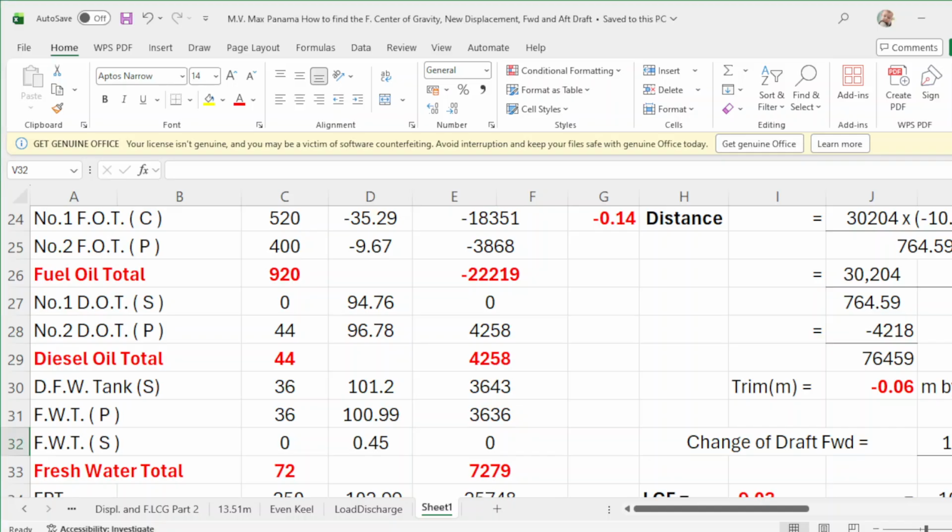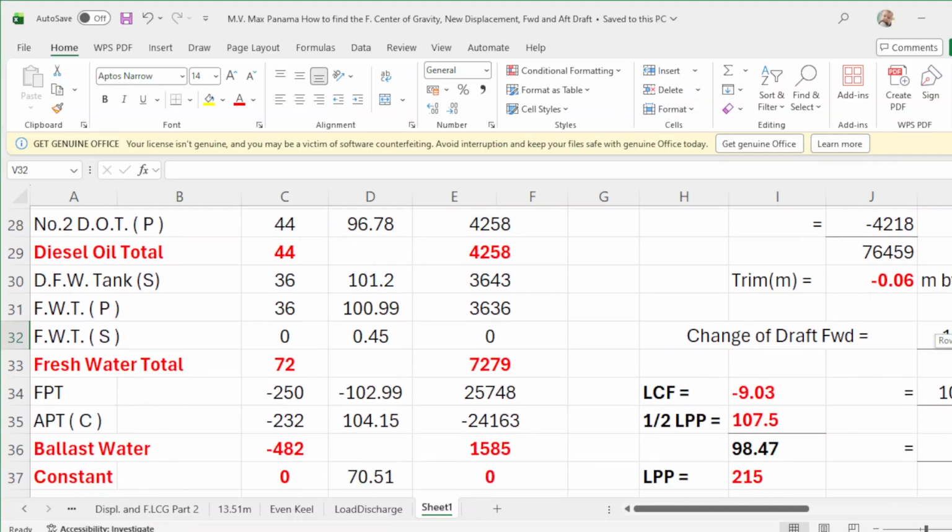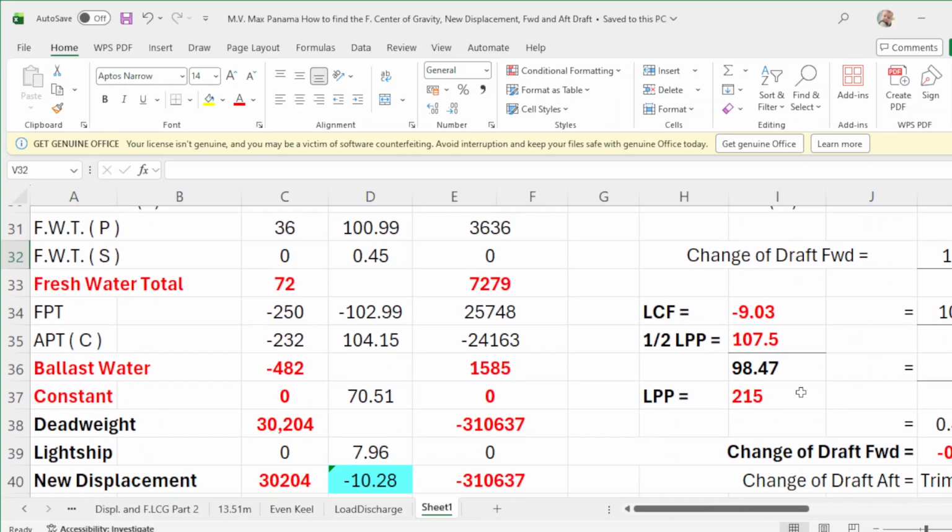Then after peak, you discharge ballast. Fore peak, that's why it's negative, 250 times the LCG of fore peak. This will be your LCG moment. And after peak tank, you're going to discharge 232 metric tons, multiplied with your LCG. That will be your LCG moment.